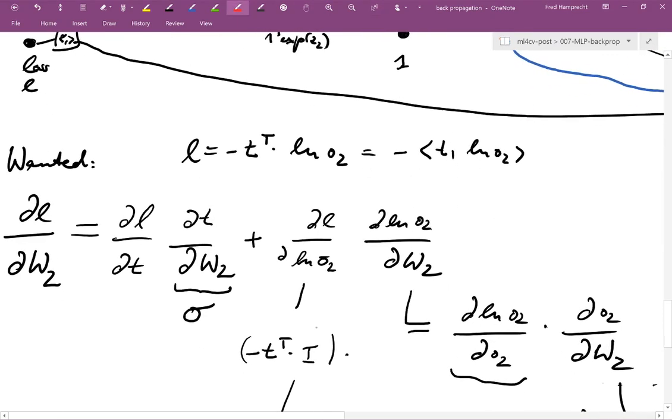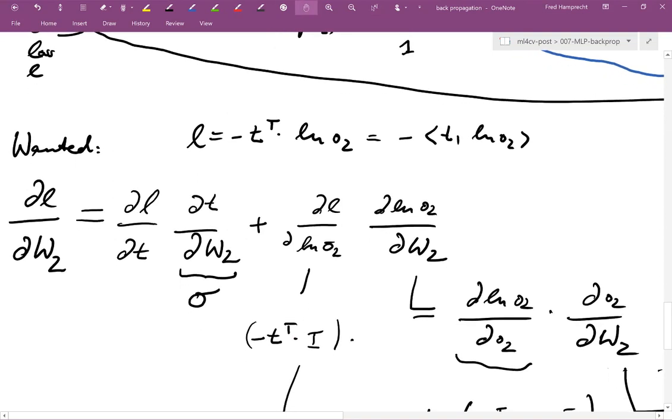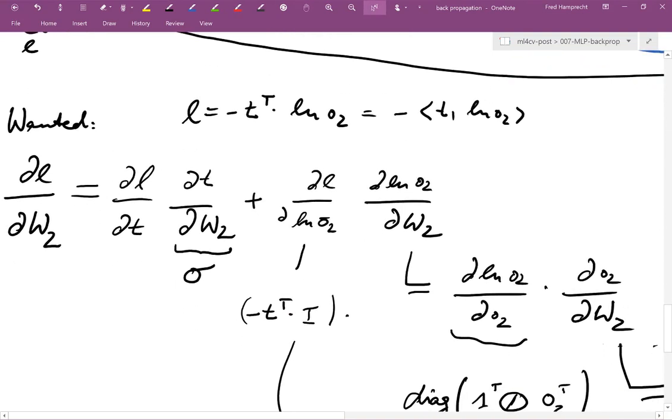The first part I can evaluate. So this is just minus t. It's the elements summed up, essentially. No, sorry, it's the vector itself multiplied with the identity matrix.